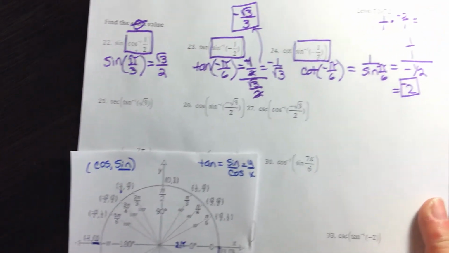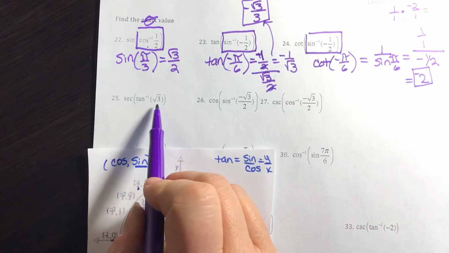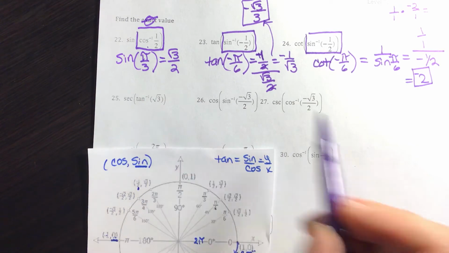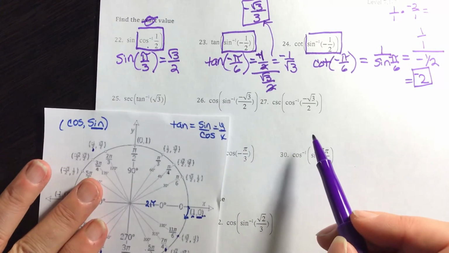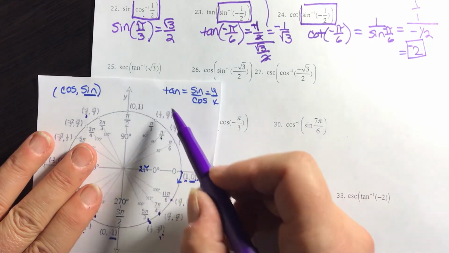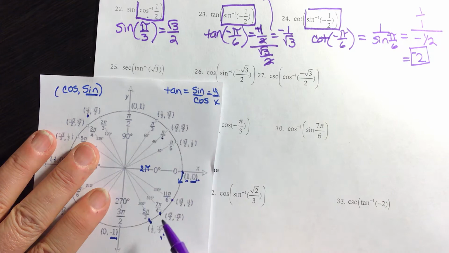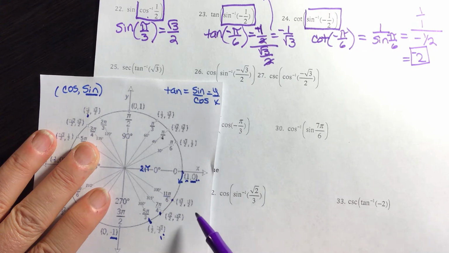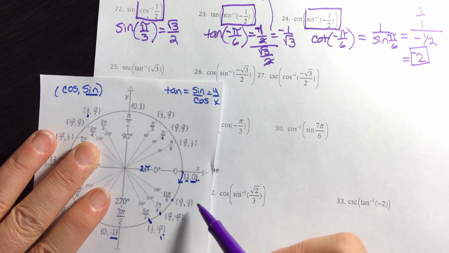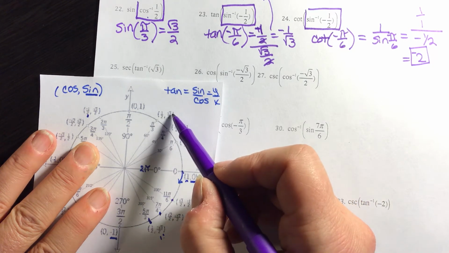Number 25. We're finding the inverse tangent of the square root of 3. All right, so tangent, we're working in quadrants 1 and 4. And I want tangent, which is sine over cosine, to be the square root of 3. So I need the square root of 3 to be on top, which has to be from the sine.